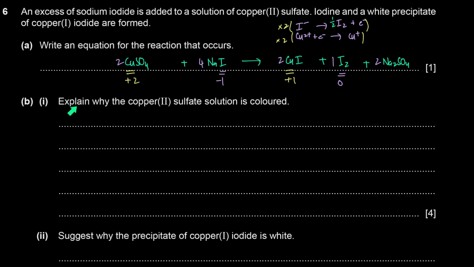Again, now we have to explain why the copper(II) sulfate solution is colored. In other words, why are solutions of transition element ions or complexes usually colored?